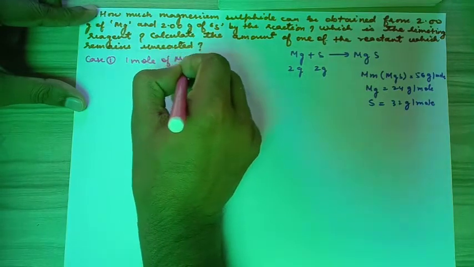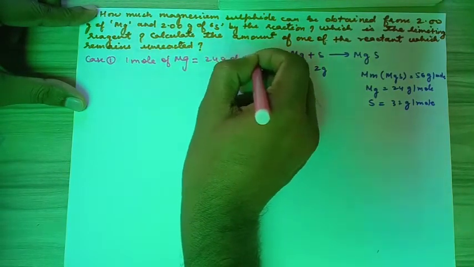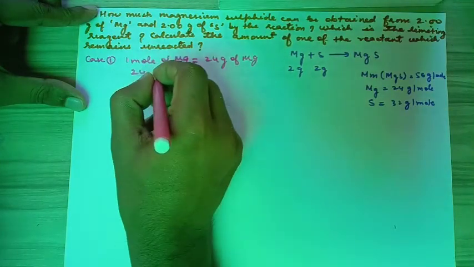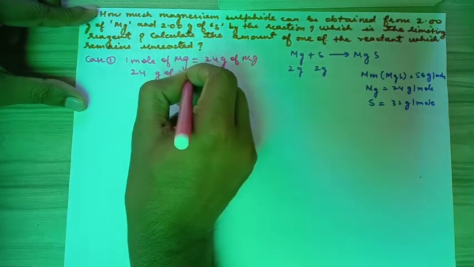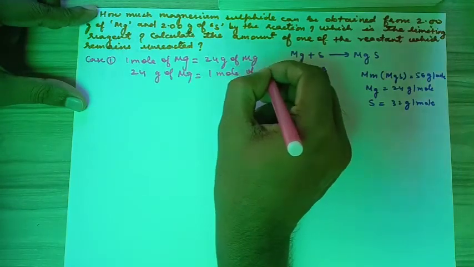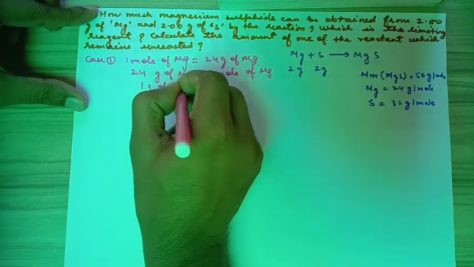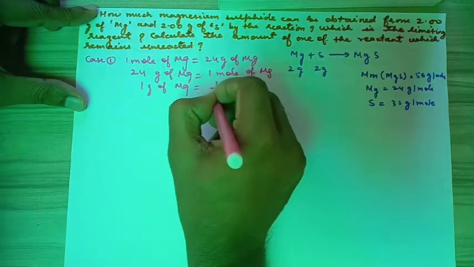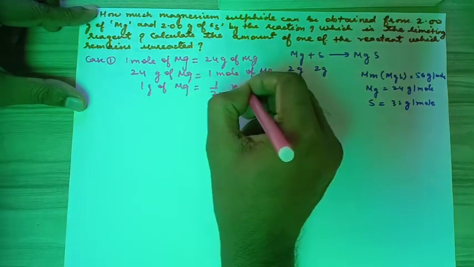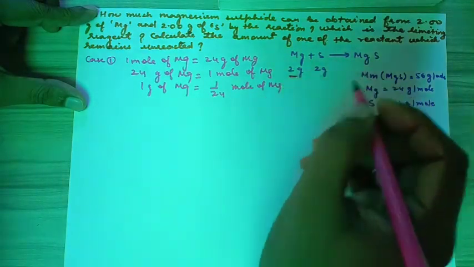1 mole of Mg will give us 24 gram of Mg. So in reverse order, 24 gram of Mg will provide us 1 mole of Mg. So 1 gram of Mg will give us 1 by 24 moles of Mg. So we have to obtain it from 2 gram.